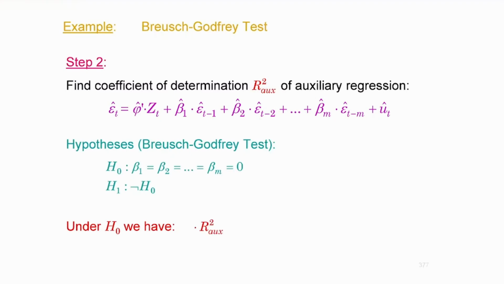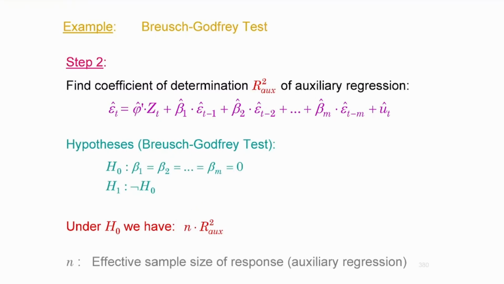And if the null hypothesis is true, then the effective sample size, so N, is not the ARDL model. Unfortunately, I was running out of letters, so this is not the order of the DL process. This is a new one. I call this the effective number of observations for the auxiliary regression, so the number of errors or residuals for that one.